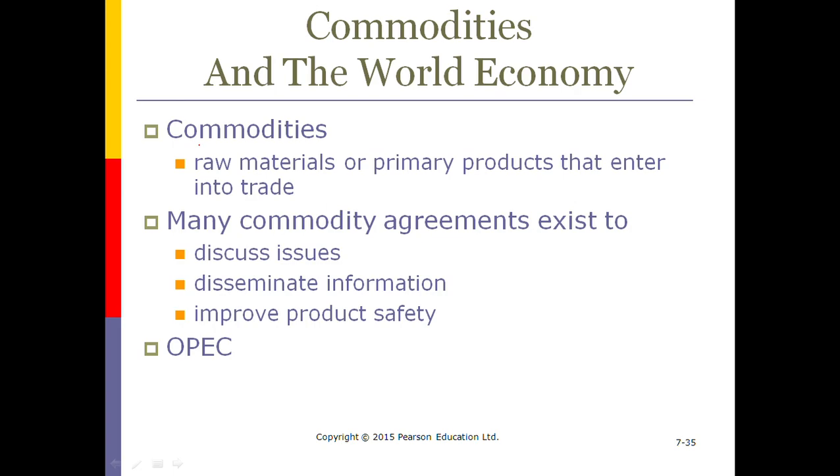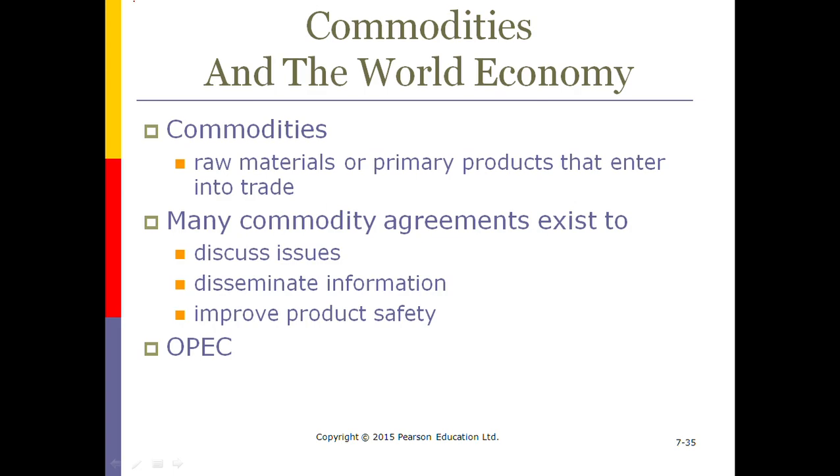Sometimes countries form agreements not just because they are in a geographical location, but maybe because they are dealing in a particular product or commodity. So commodities can form a basis for economic integration. For example, for raw materials or primary products that enter into trade, there are many commodity agreements that exist so that they can discuss issues or disseminate information or even improve product safety.